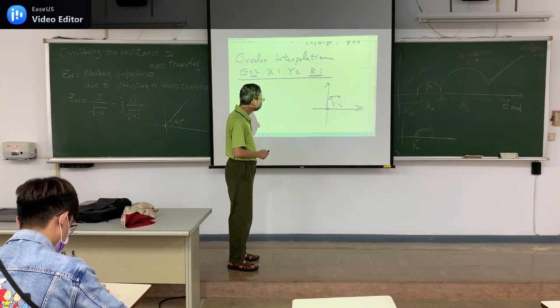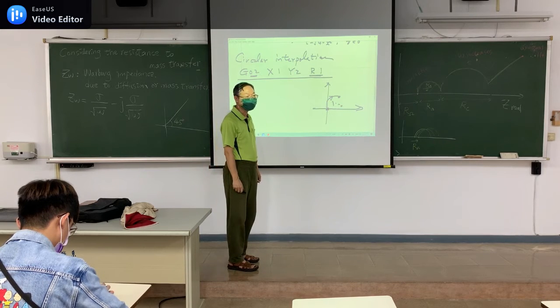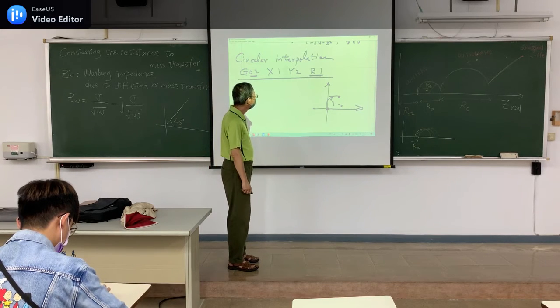The path from this point to this point follows a circular arc with radius 1.